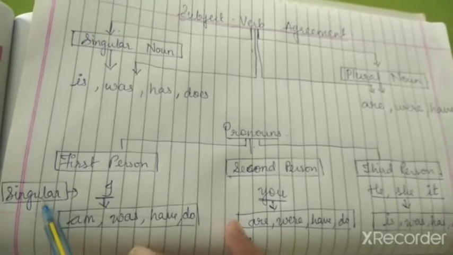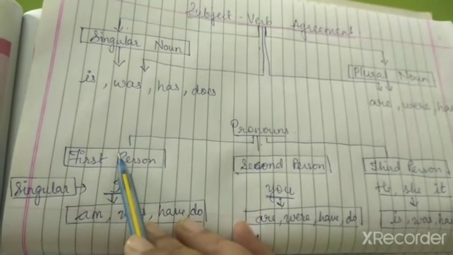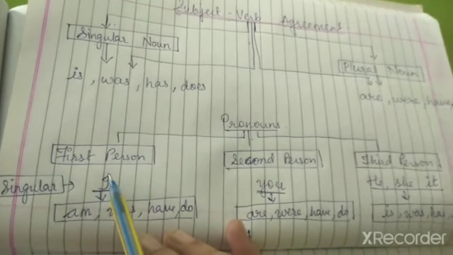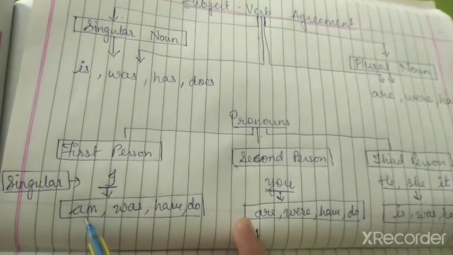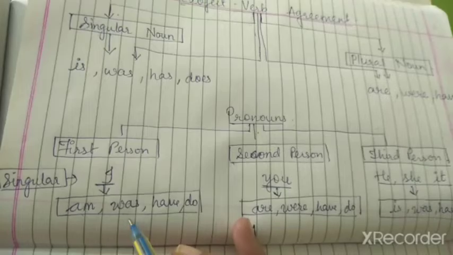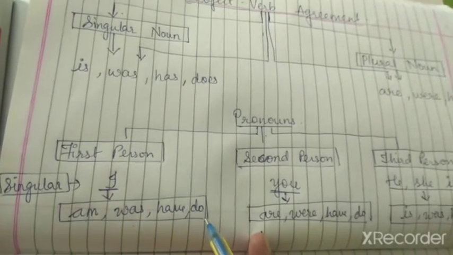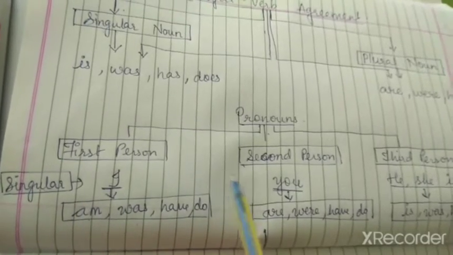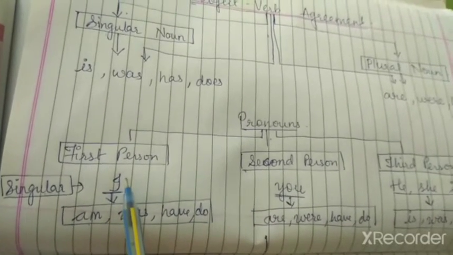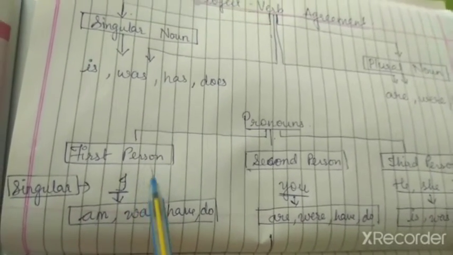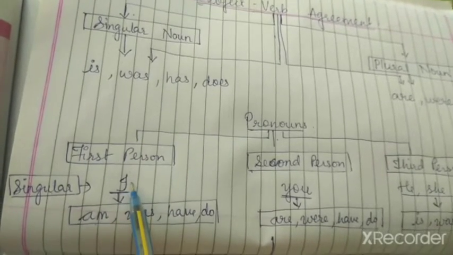So first person is I, and with I we always use am, was, have and do.